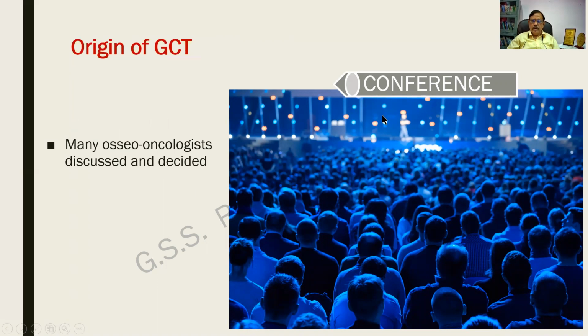This is a picture of a conference. You'll be seeing that lots of learned heads are over here, and there were many osseo-oncologists, that is, people who knew the bone. They discussed and decided that.